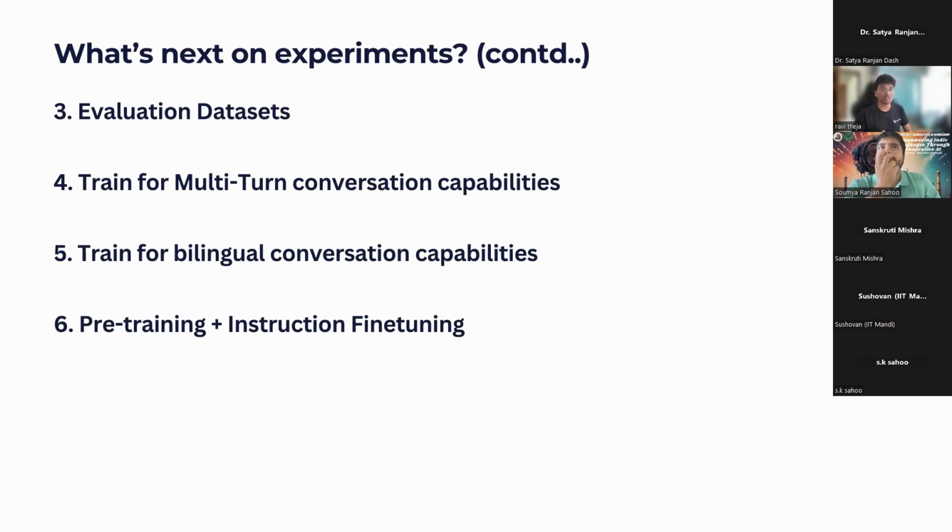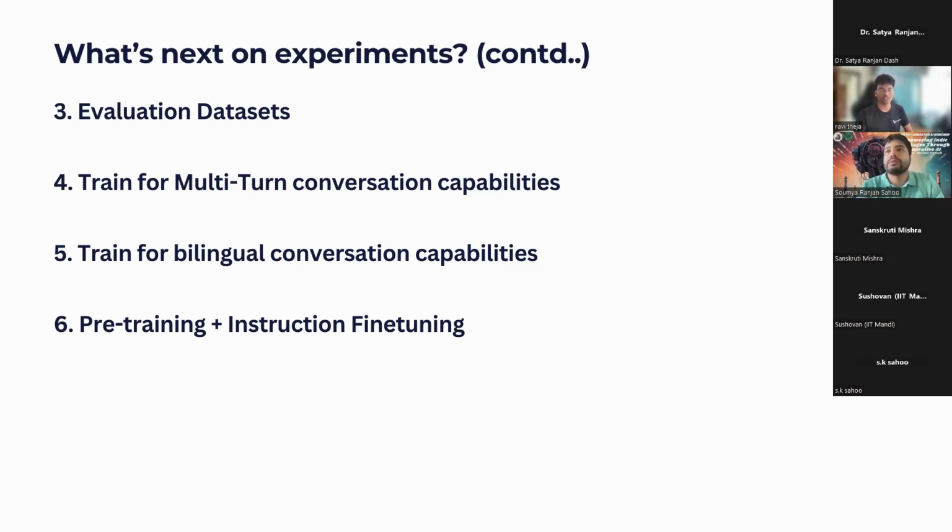Some other experiments or dataset contributions that you can do are evaluation datasets. Most of these models we have been fine tuning for 3-4 epochs on a number of samples, but then how well are the models doing? I know Microsoft has released some data set and benchmarking as well.